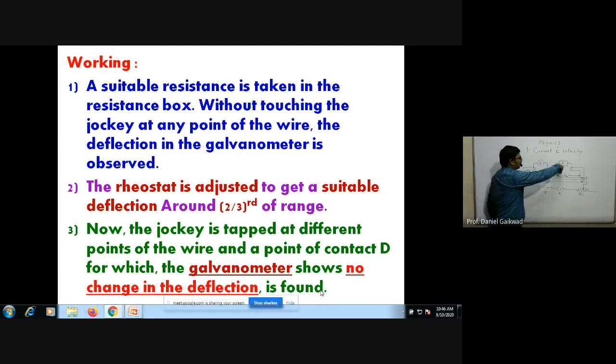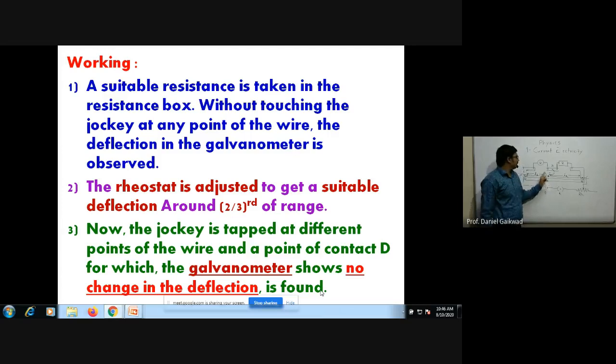We touch the jockey at different points from A to C. When we touch at these points and go from A to C, the galvanometer shows certain deflection. As we keep tapping and moving from A to C, a certain point D will be obtained.